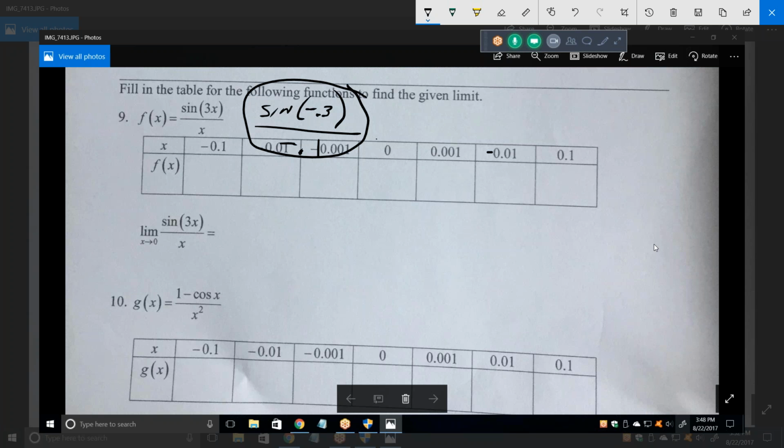Yeah, these are a little hard. I gotta put my parentheses there before I divide it. Hold on. So I got the sine of negative 0.3. I want my divide sign to be outside of that, and that's negative 0.1. So I got 0.05.